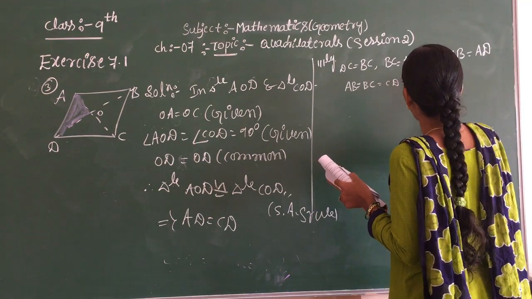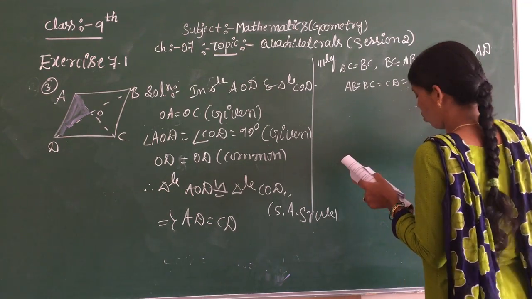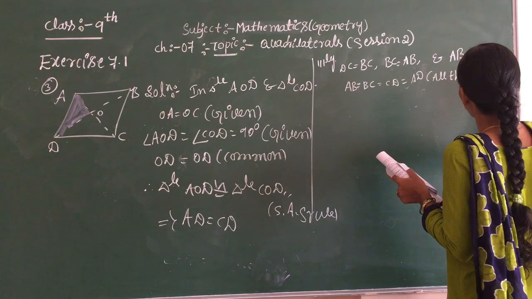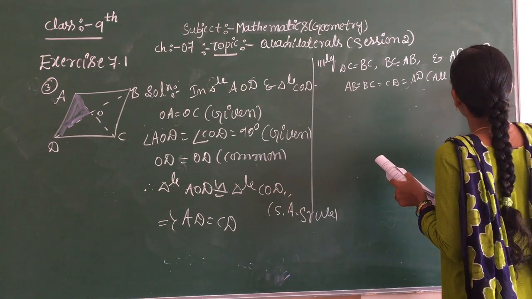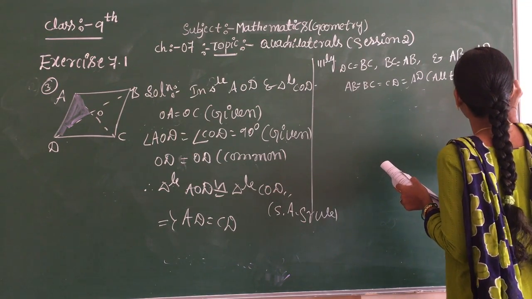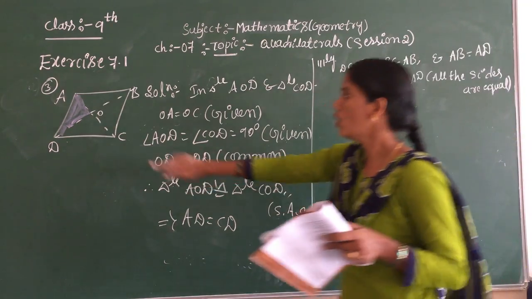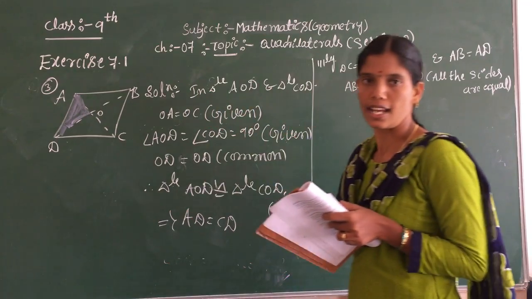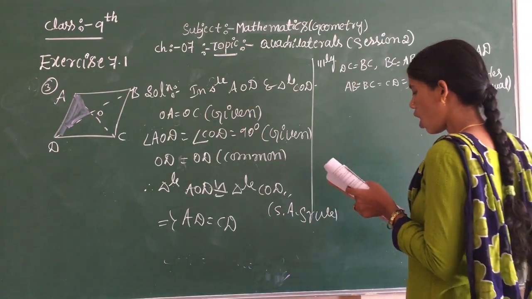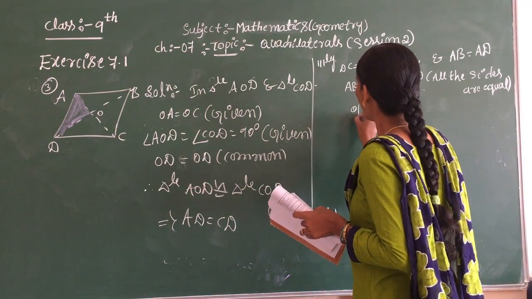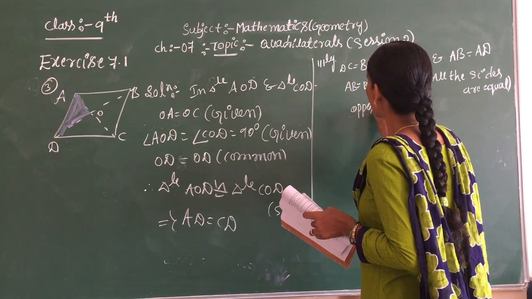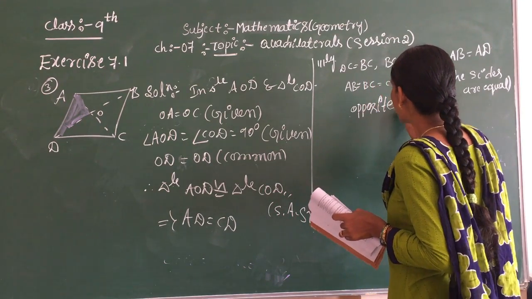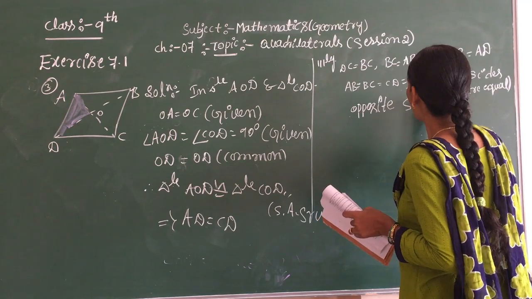Why? Because all the sides are equal. All the sides are equal: AB, BC, CD and DA. Let's move on, opposite sides are also equal. In a rectangle, and in a parallelogram also, opposite sides are equal.